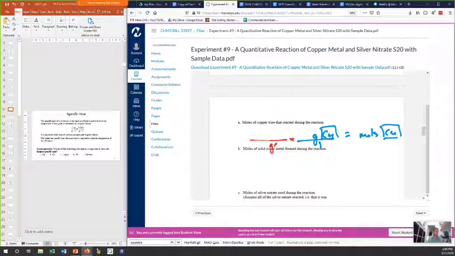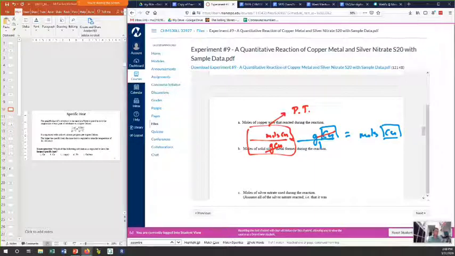That conversion would need grams of copper in the denominator, so that the grams of copper would cancel, and I would need moles of copper in the numerator. Where do I find that conversion? That conversion comes from the periodic table. That's a mass to mole relationship. I would then go through and do that in question B, which is now doing the silver.